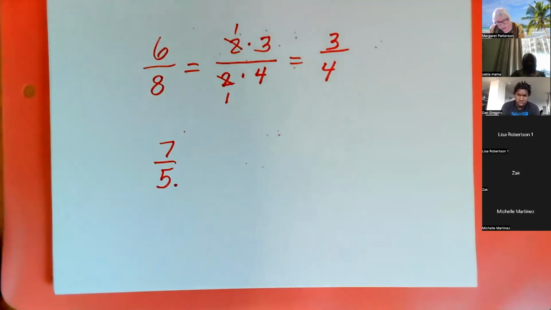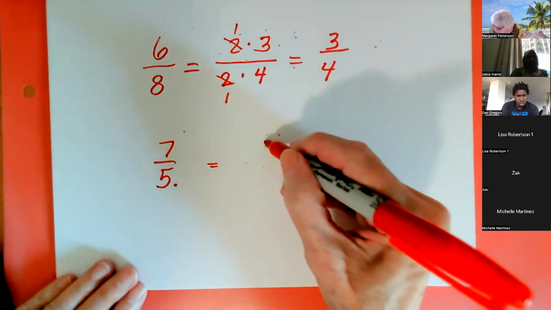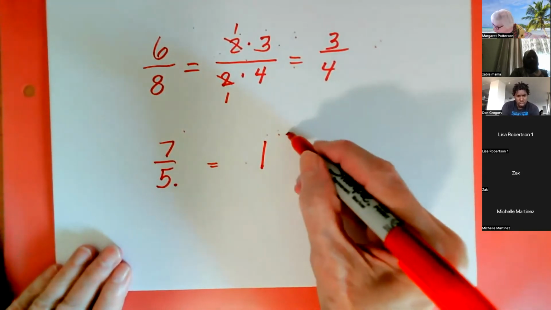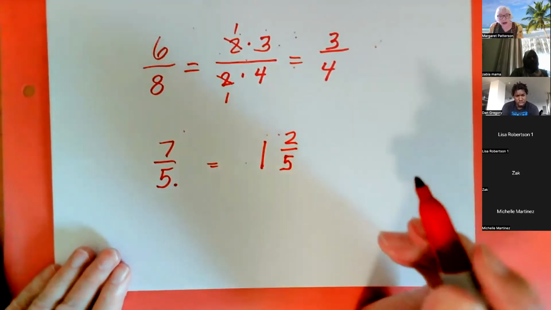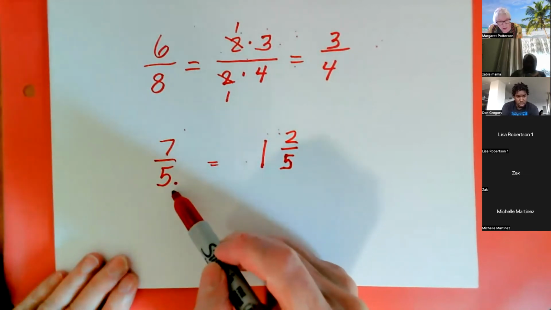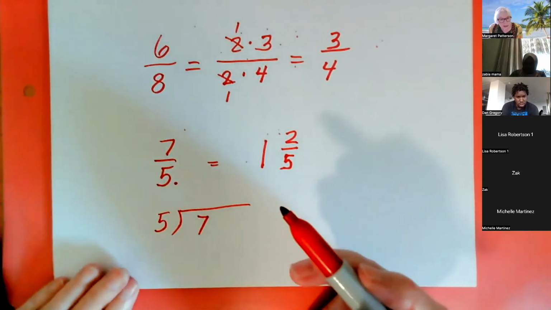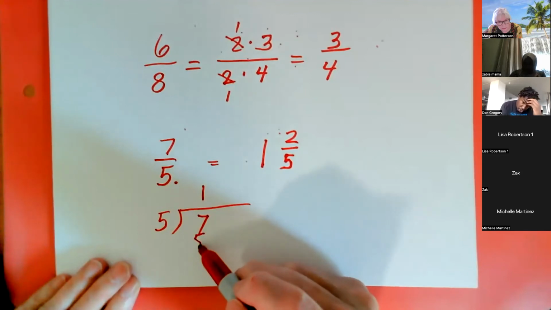We're going to make a mixed number. Anybody know how to do this? 7 divided by 5 is 1. How many left over? 2. 2 out of 5. So the way this is done, 7 divided by 5, it's almost like you're doing that division. 5 into 7 is 1.